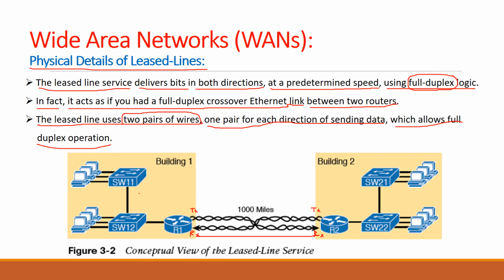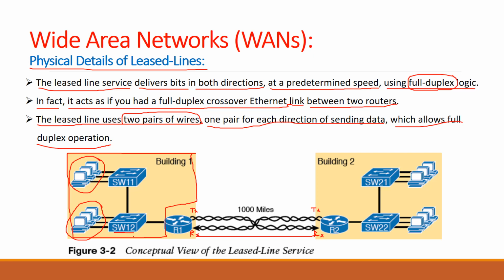So in this figure, we have here LAN 1, which consists of several switches that connect hosts. We have many hosts connected to switch 11 and other hosts connected to switch 12.